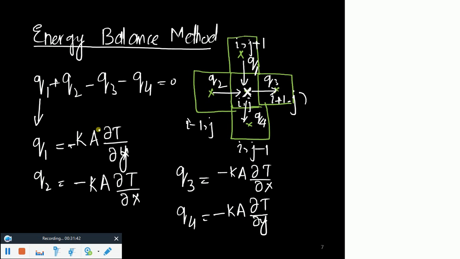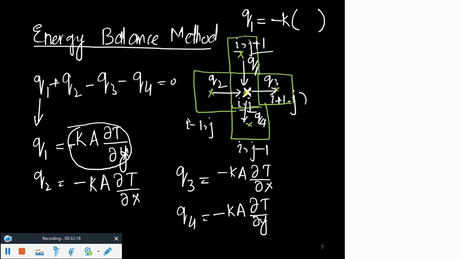Now let me talk about this term. I can write this Q1 as, just be very careful, this is very important to understand. This is minus K and then some area term, and can I write this partial T by partial y as Tij minus Tij plus 1? Now see, heat is being transferred from where to where?